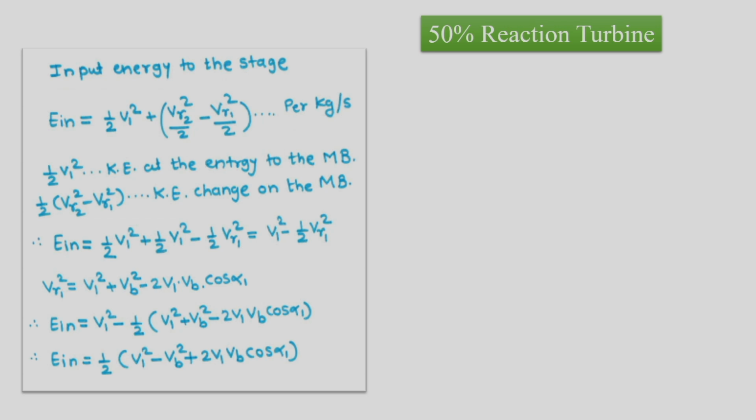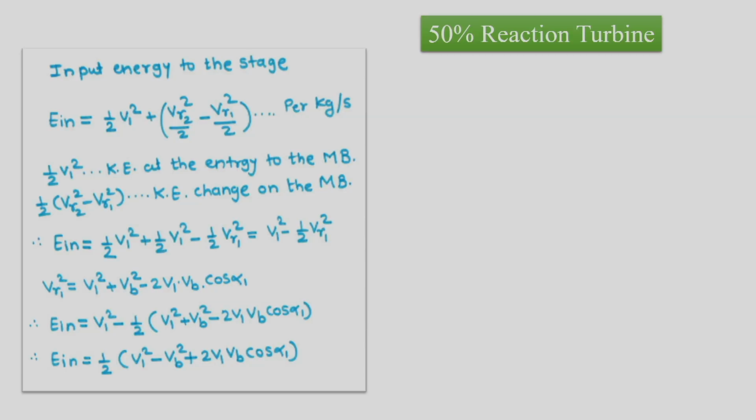So diagram efficiency in case of an impulse turbine was work done divided by half m dot s into V1 square, and that m dot s into V1 square by 2 was the kinetic energy at the outlet of the nozzle or at the entry to the moving blades, but there the whole enthalpy drop was taking place in the nozzle only. However, in the present case it is not true.